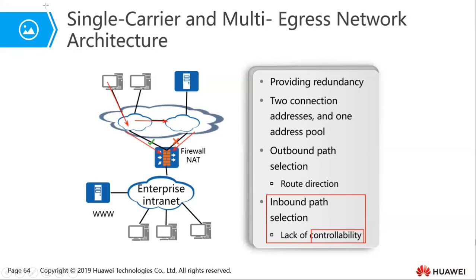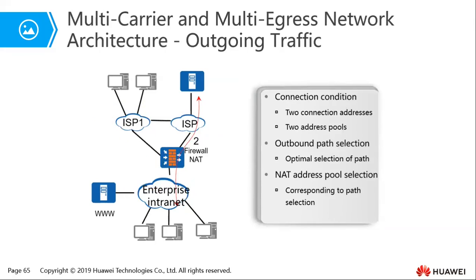So let's look at the next one. Okay, so that is the outbound, and that is the inbound traffic. So it can follow either of those two paths. So let's look at another one that is an improvement again of the previous one.